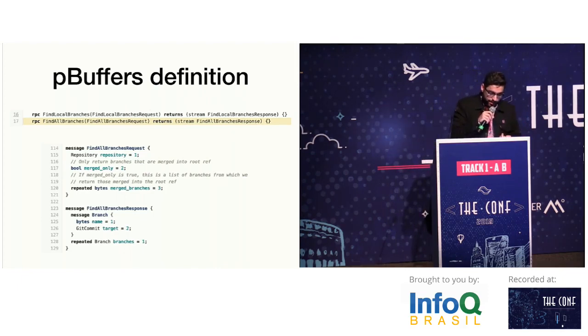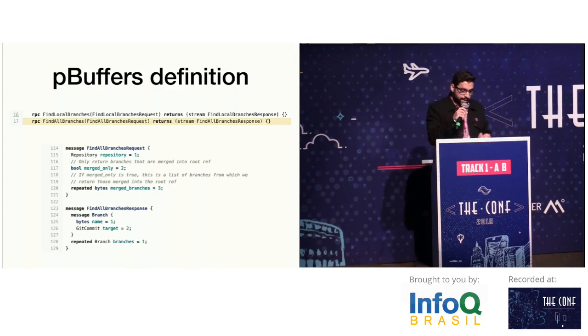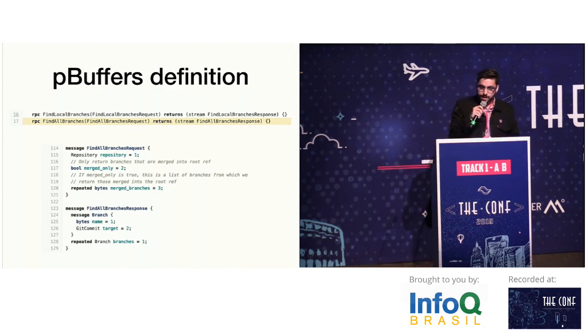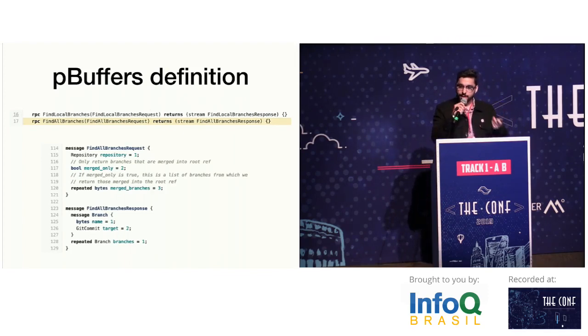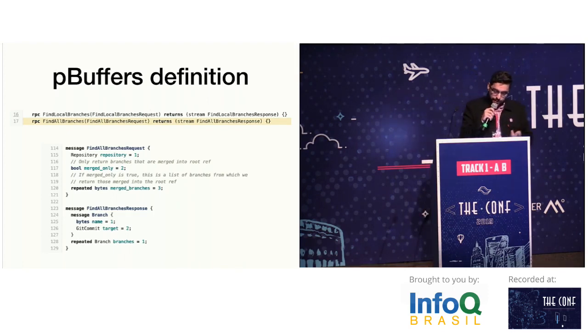So you can see there's a repository being defined as the first argument, and you can't see the repository there because it's being reused for somewhere else. And it's great because you can just reuse messages and compose different responses and requests. And there's the response as well, and we are defining the branch right there and saying that a repeated branch would be returned. The repeated would be basically an array definition for the string.